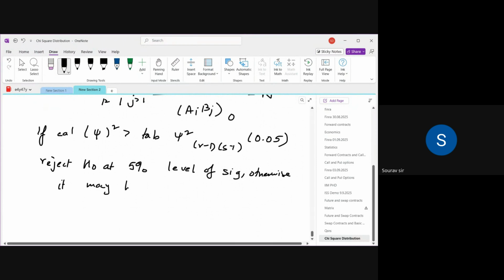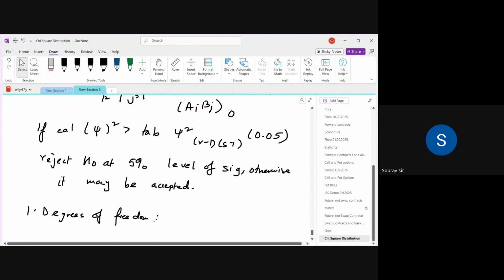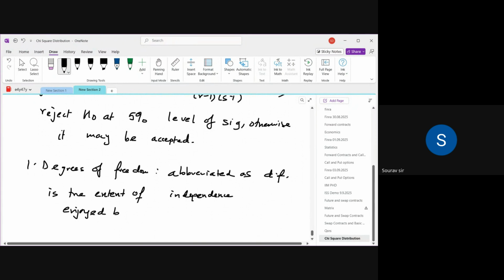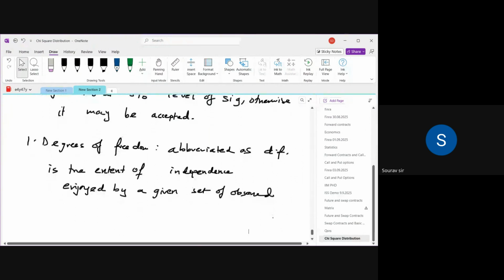Okay. So now, degrees of freedom. Let's see, degrees of freedom I am telling. It is abbreviated DF, correct. It is the extent of independence enjoyed by a given set of observed frequencies.